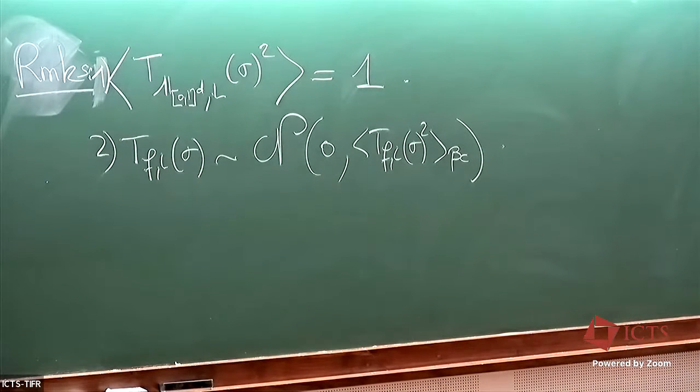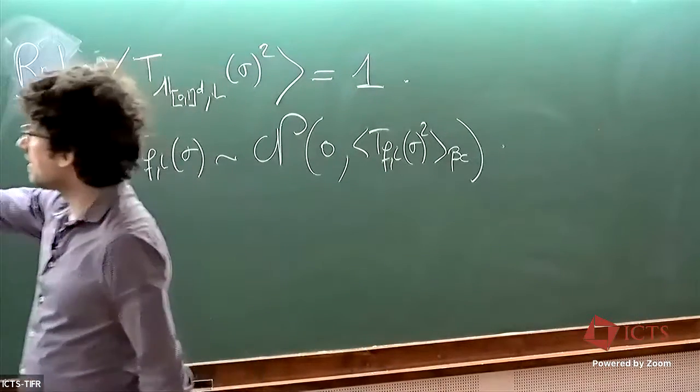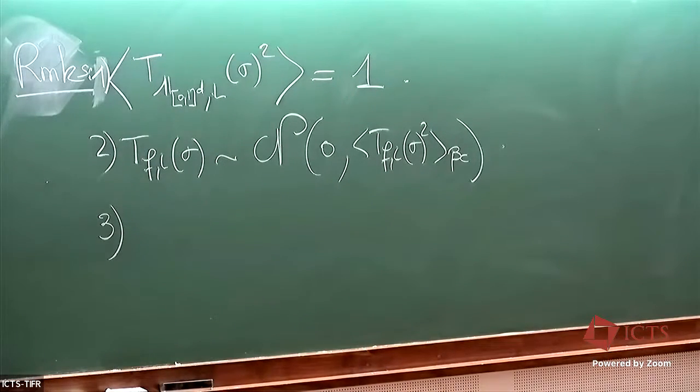The second remark, I mean, the third remark, sorry, is that you can extend this a little bit. Here I want this to be at beta c. I stated the result at beta c.